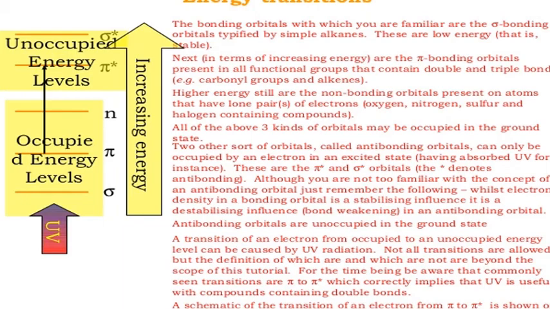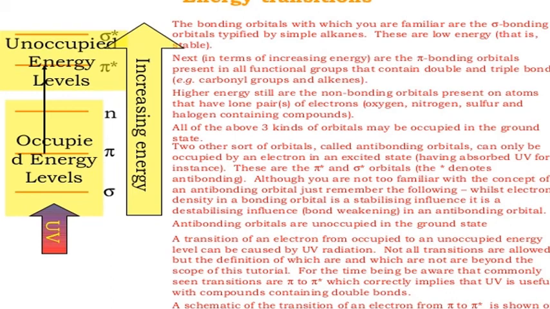Now we will discuss these transitions in detail. When electromagnetic radiations fall on a molecule, on a compound, there is shifting of electrons between the energy levels. Now what are these energy levels?